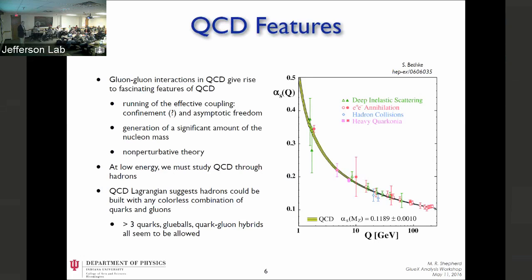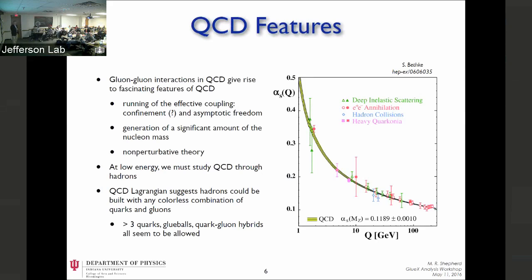And one interesting thing is that if you look at the QCD Lagrangian, it's kind of hard to, on the grounds of the Lagrangian alone, say that, well, I should only have quark-antiquark mesons and I should only have 3 quark baryons, which is what we seem to see dominates nature entirely. So in principle, I could be able to make glue balls, gluons stuck together. I could be able to make quark-gluon hybrids. I should be able to make tetraquarks and pentaquarks and all kinds of good things.